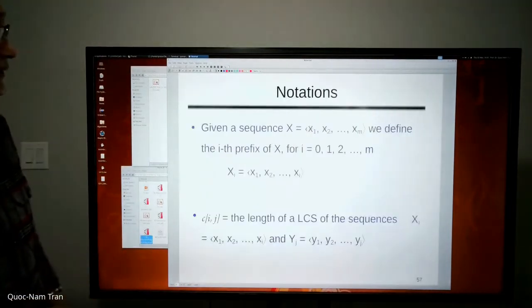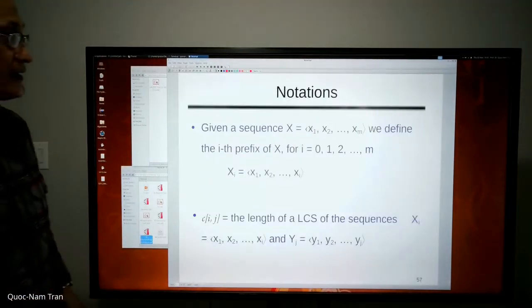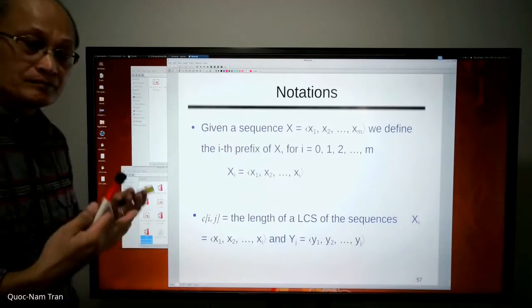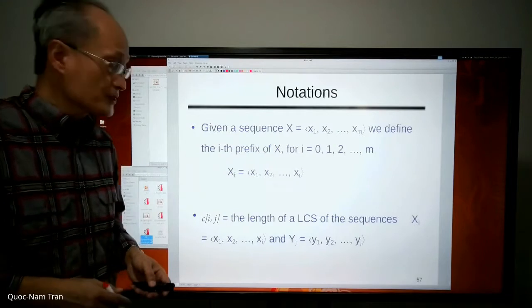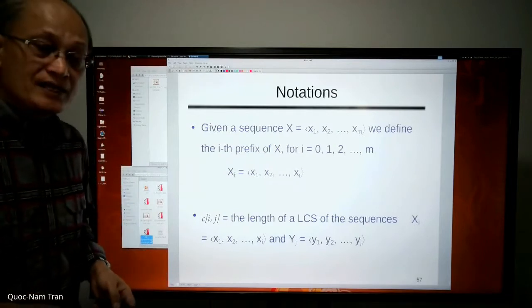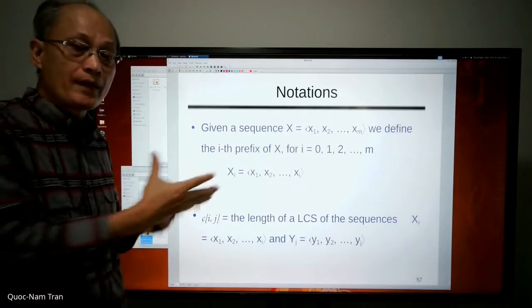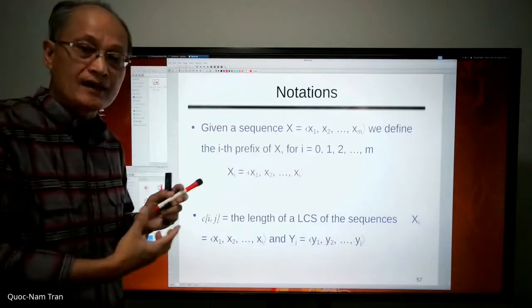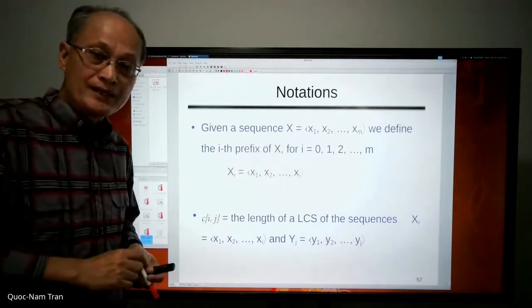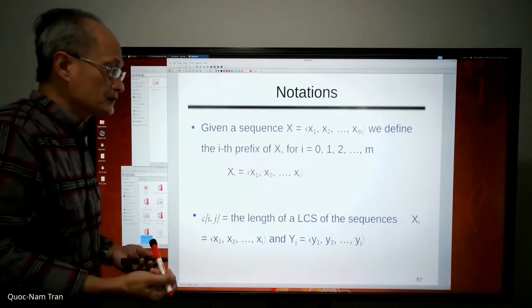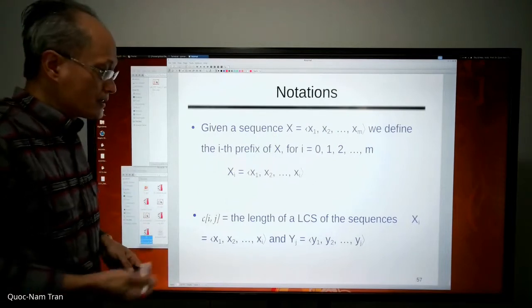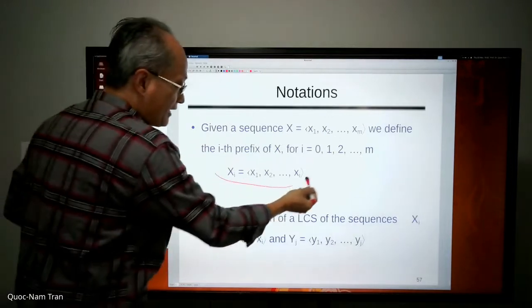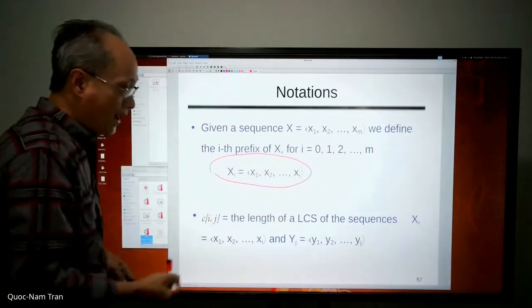Okay, so that said, we will break the problems into smaller problems like that, right? And in general, because we deal with sequences that can have any number of elements, we will try to find the longest common subsequence of xi and yj.